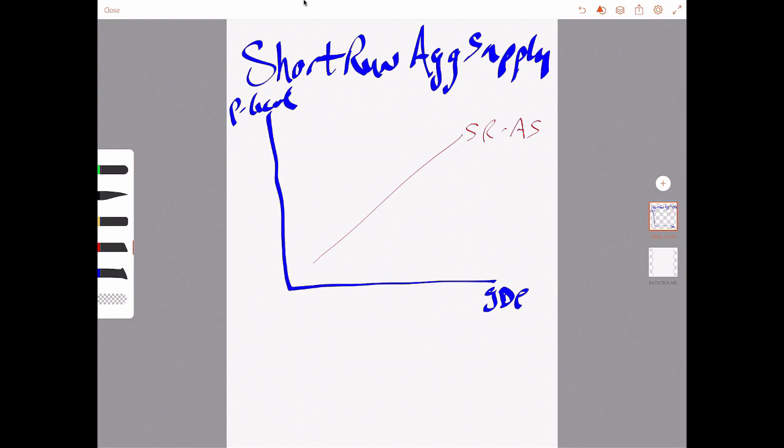Now the primary reason for that upward sloping curve is that prices don't all adjust completely in the short run. We say that prices are sticky.